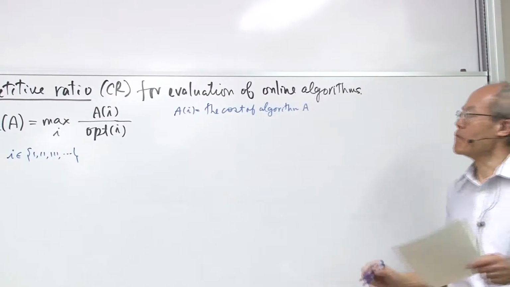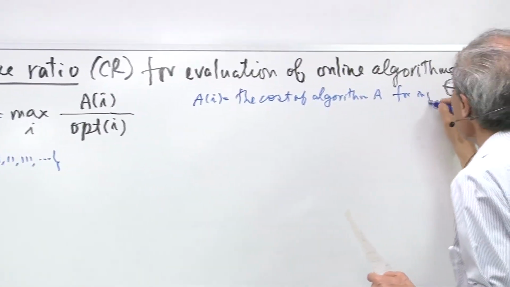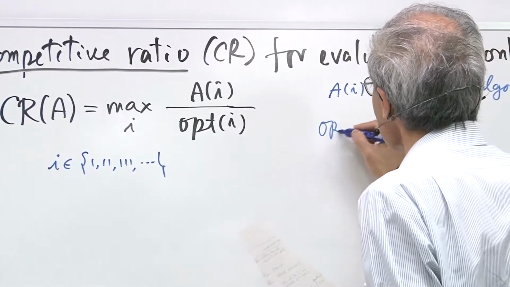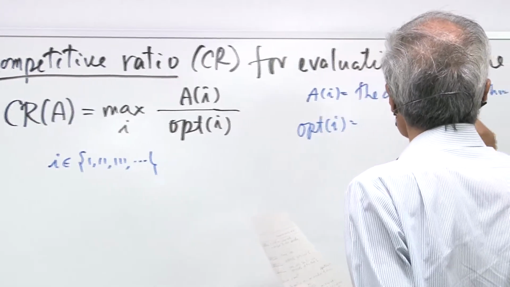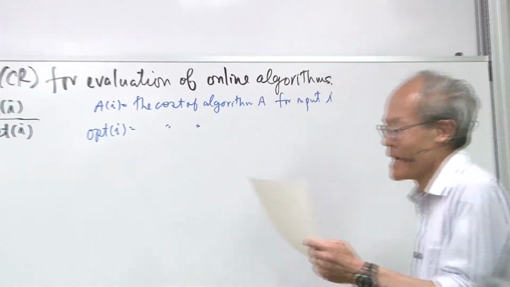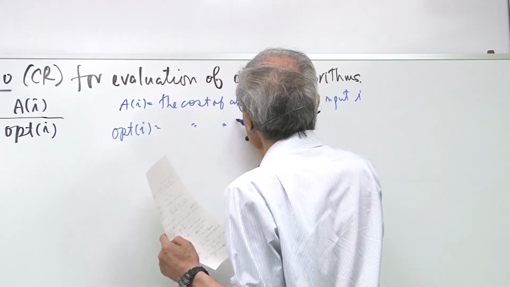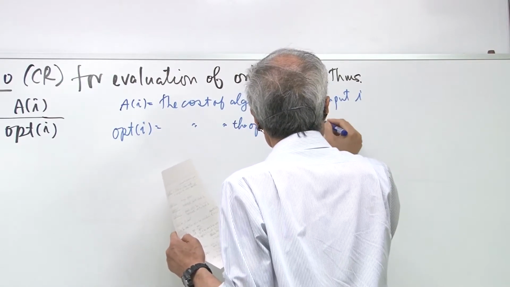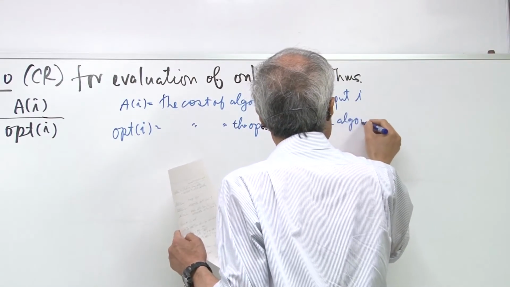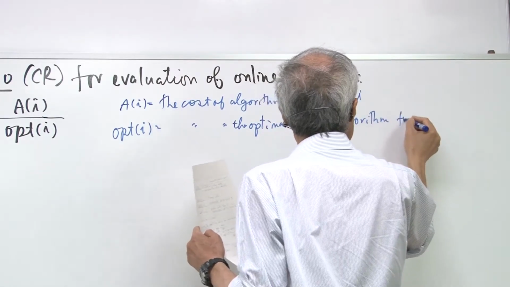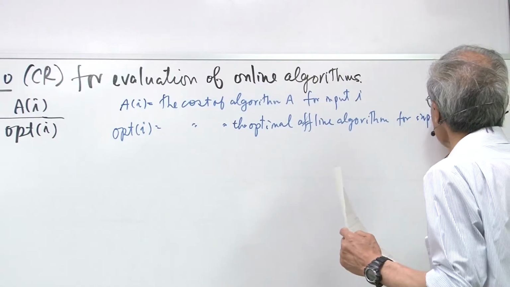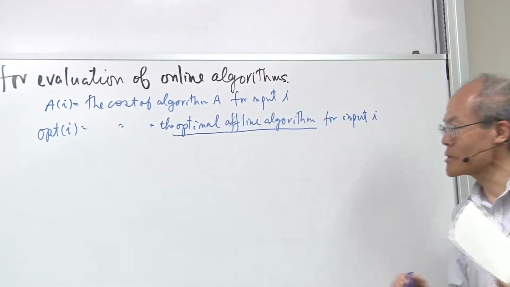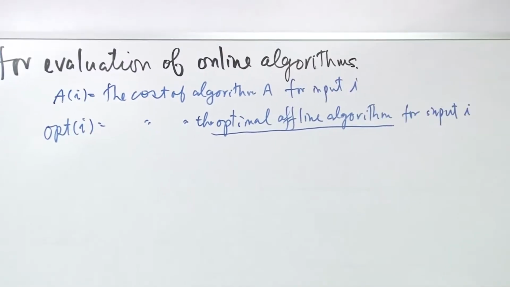The cost of algorithm A for input I, divided by the cost of the optimal offline algorithm for input I. What is the optimal offline algorithm?